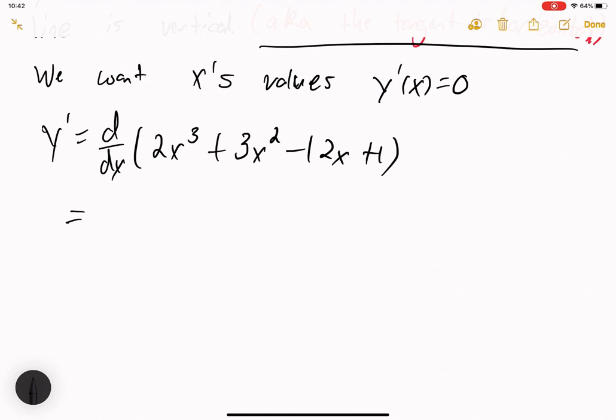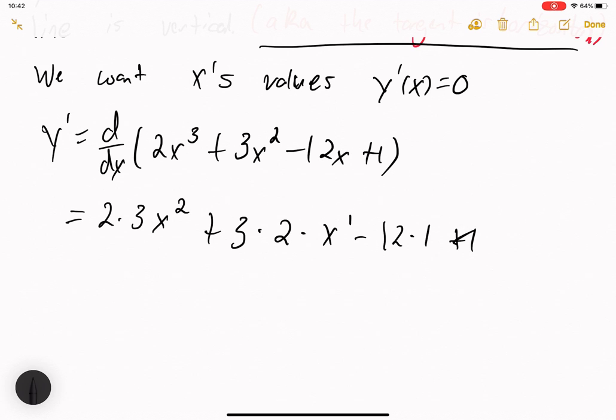So bring down that 3, then subtract 1 from the exponent to get 3 minus 1 is 2, plus 3 times bring down that 2 times x to the 2 minus 1, which is just 1. Then minus 12 times 1 times x to the 1 minus 1, which is x to the 0, so it's 1. So plus 1. Well, nope. The derivative of a constant is equal to 0. My bad. So that's it. Actually, let me just write it down just to be clear.